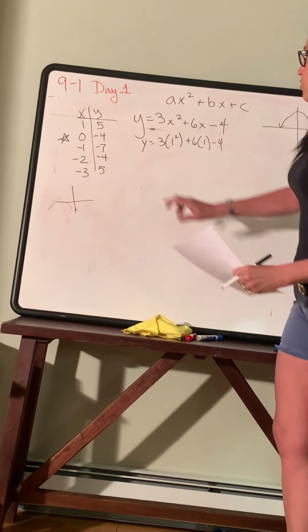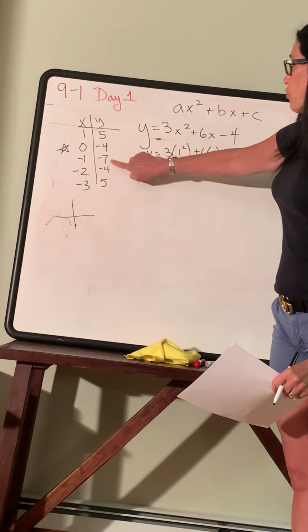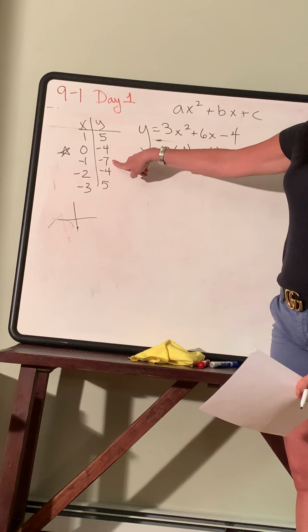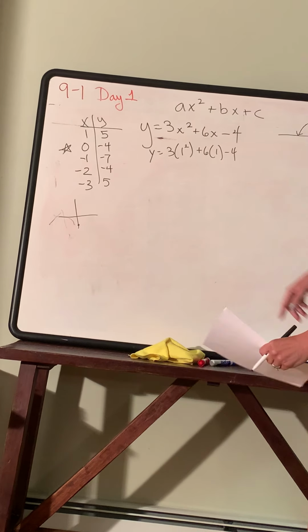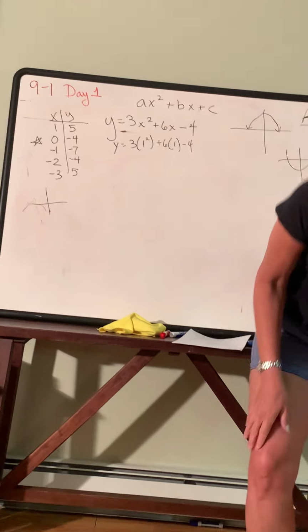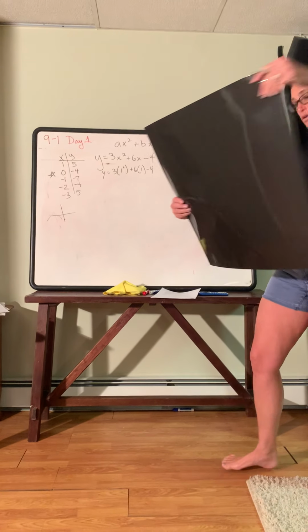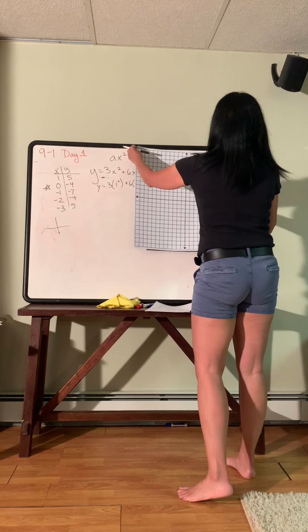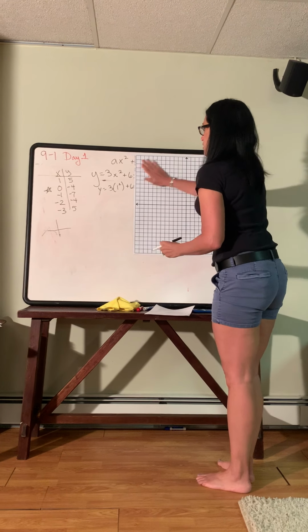Okay. So notice how these are both 5s, these are both -4s, and this is in the middle. So when you graph this, you're going to see a pattern occur. So here's my graph, and here's my points.